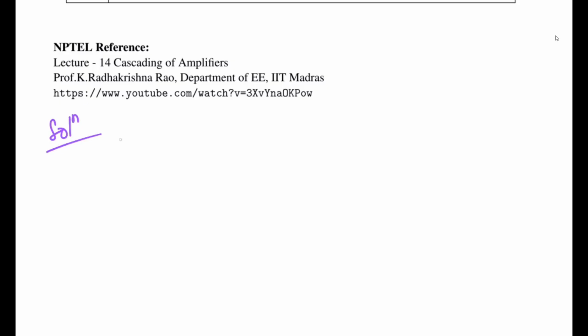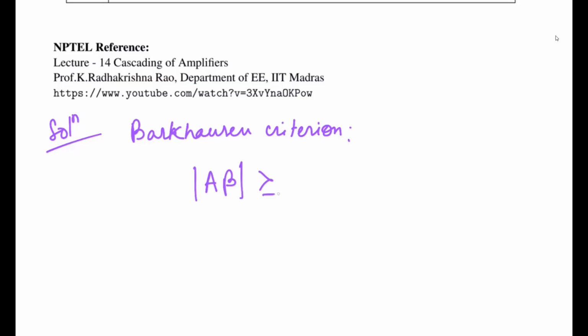Solution. Let me write what the Barkhausen criterion is. There are two conditions: a magnitude condition and a phase condition. A feedback system oscillates when the magnitude condition, that is AB, is greater than or equal to 1.